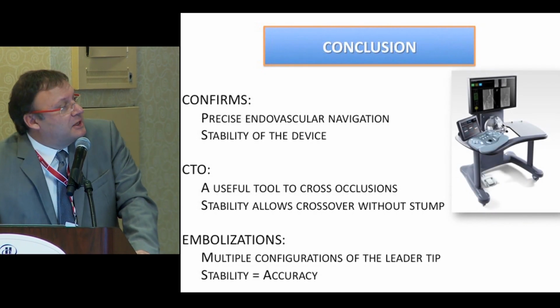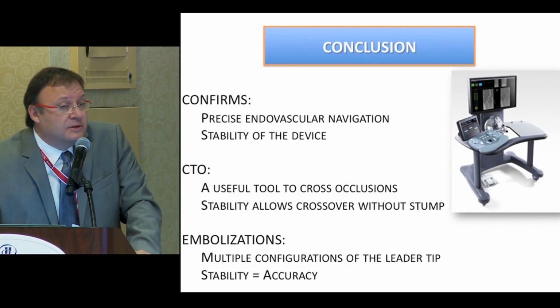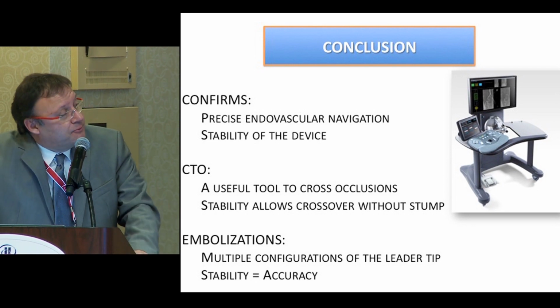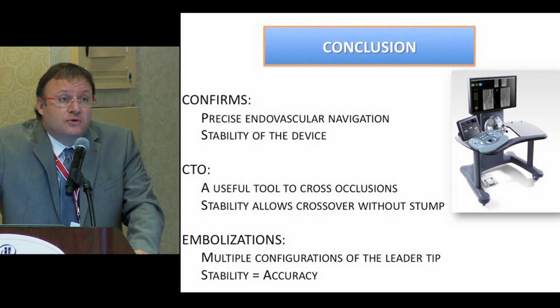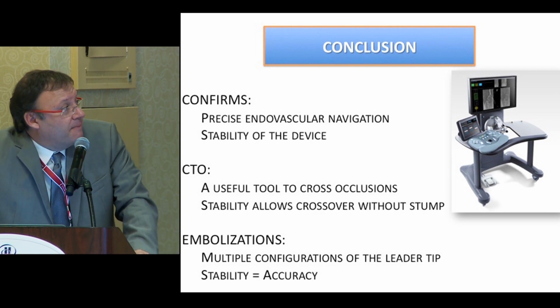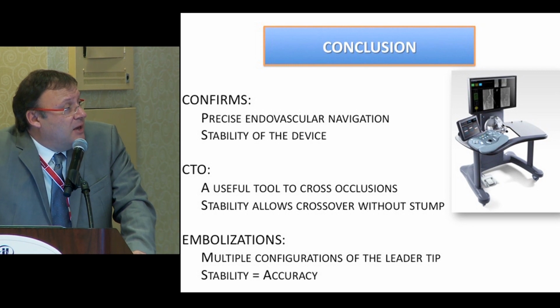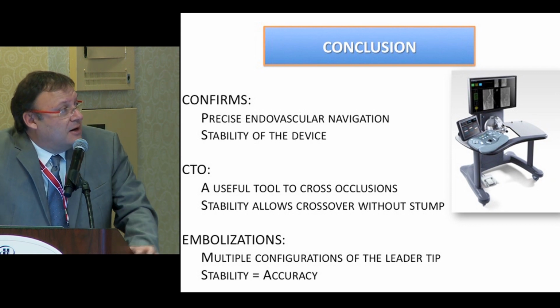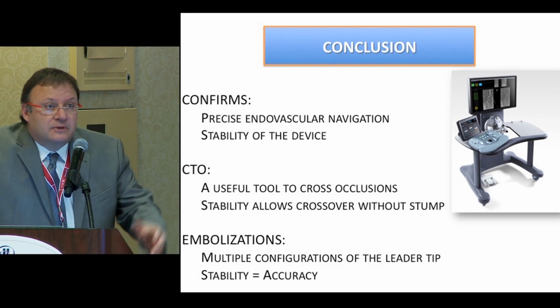Our preliminary experience confirms that the robot may help to get a precise endovascular navigation, and also we have a high level of stability of the device when working. For CTO, we use it as a useful tool to cross some occlusion, and we find that the stability allows to do some crossover without any stumps.